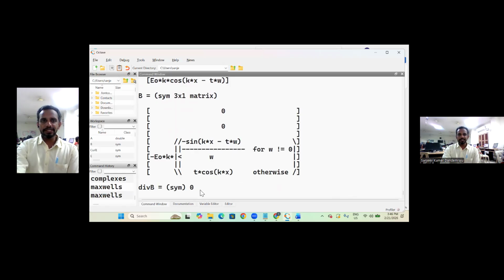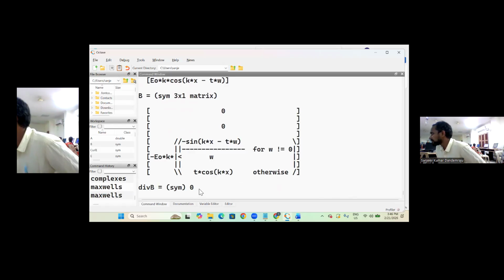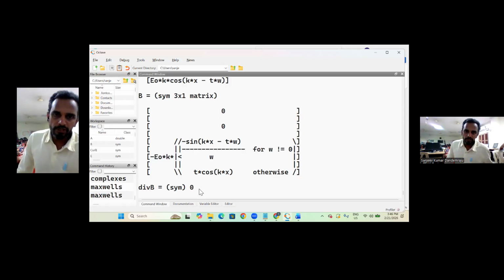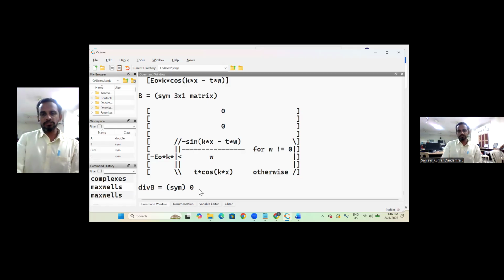And finally, div B is 0. So the magnetic field obtained is a true magnetic field with divergence equal to 0. That's how we can perform vector operations over this.